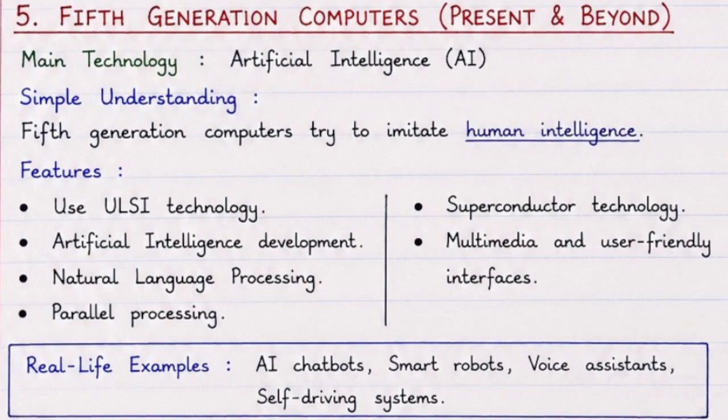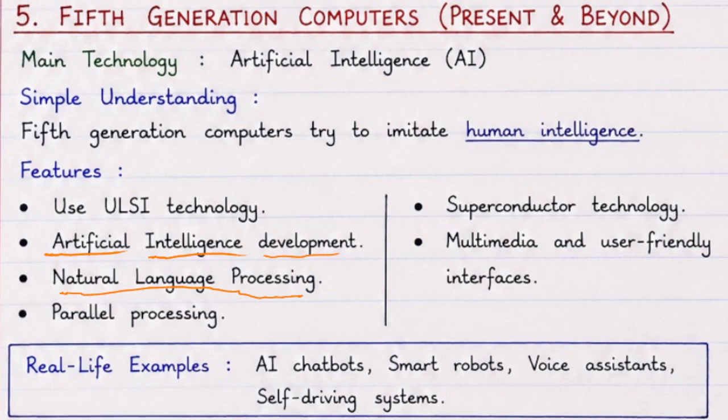Technology: artificial intelligence development, ChatGPT, Gemini, cloud AI. You have many of them. Natural language processing. There's direct data acquisition, that's analog to digital, digital to analog.